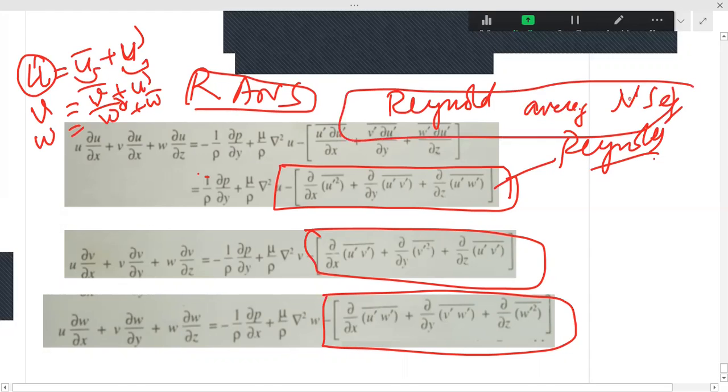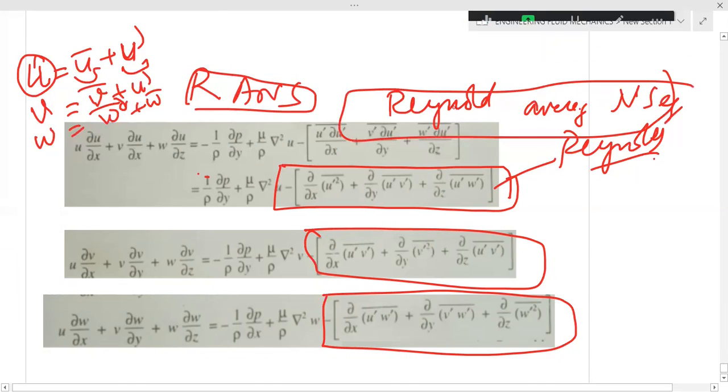We will not get into details of this because this is a subject in itself, but you should always remember that as we had the Navier Stokes equation for the laminar flow regime, we have a corresponding equation, called the Reynolds Average Navier Stokes equation, for turbulent flows as well.